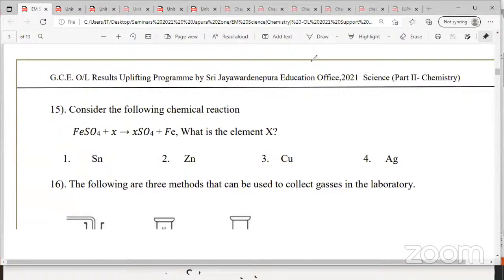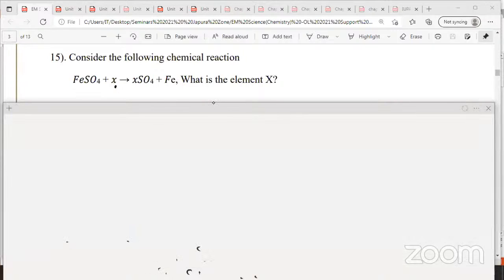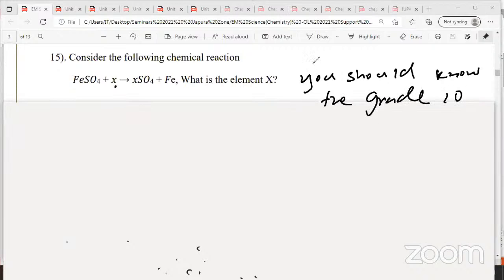Consider the following reaction. What is the element X? Remember, iron has been displaced, so X has to be more reactive. Please put an arrow and write this down, everyone.